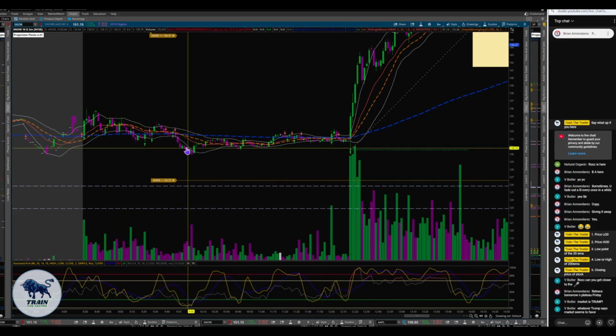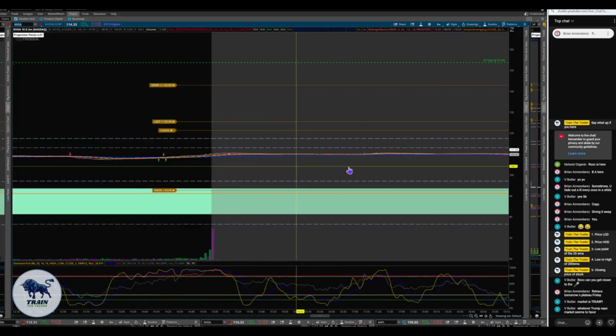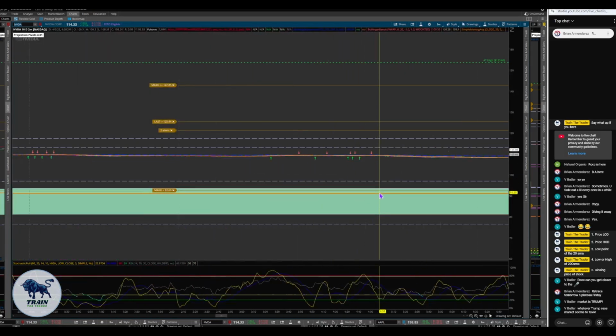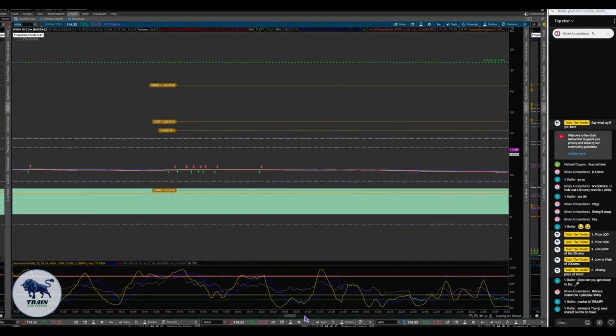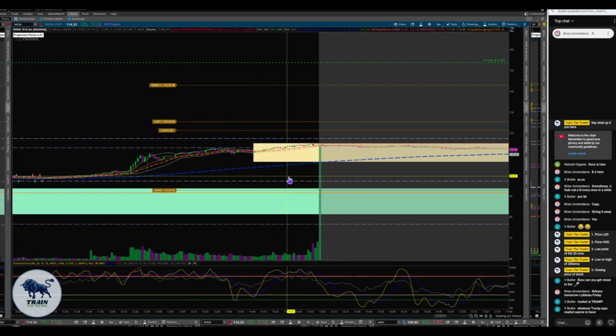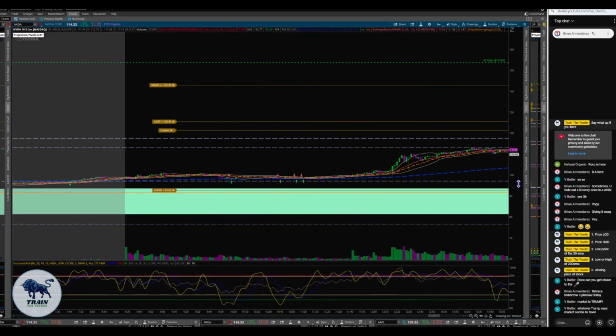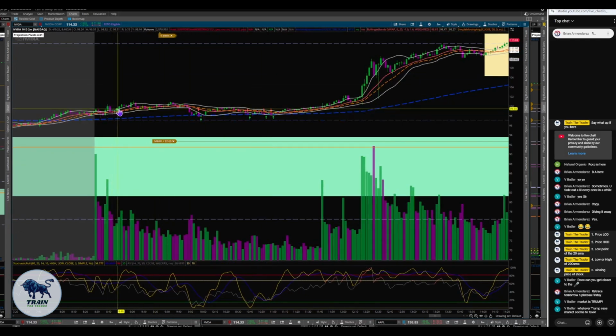That's why these puts on a lot of names at the beginning of the day, like Nvidia, the charts look damn near the same. Mass consolidation up until lunchtime.